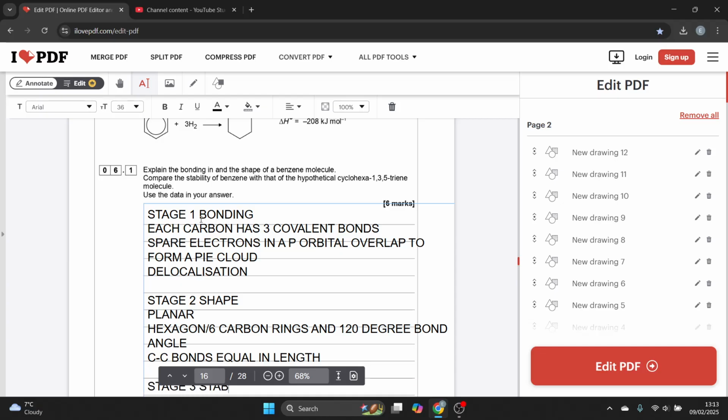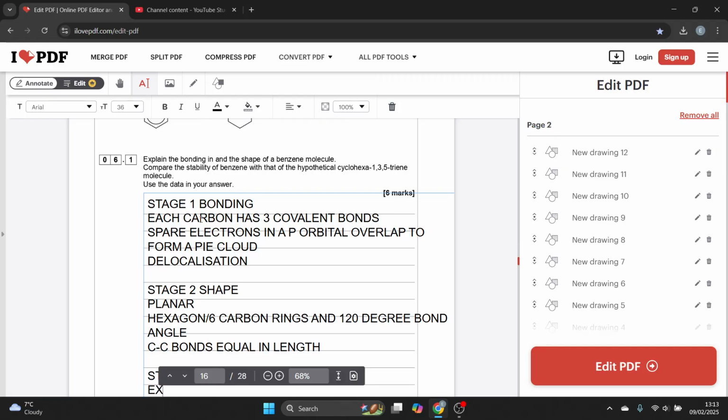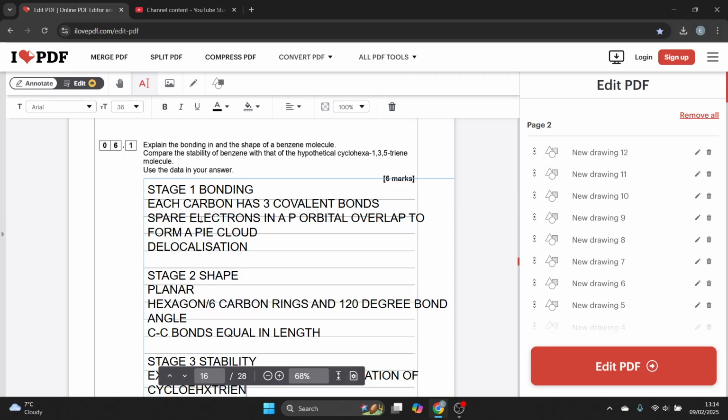Stage 3 stability. Expected enthalpy of hydrogenation of cyclohexatriene is minus 360 kilojoules mole to power minus 1.